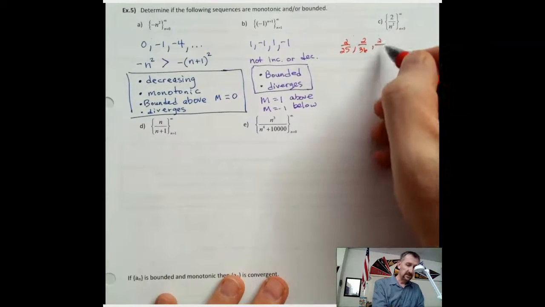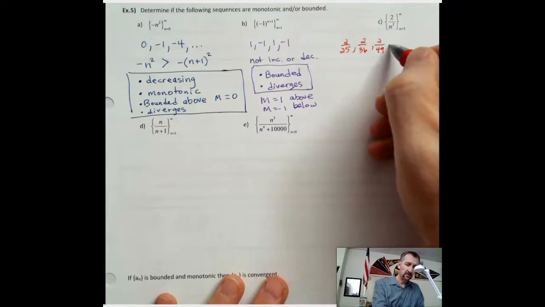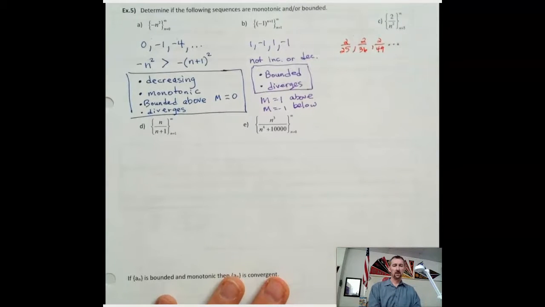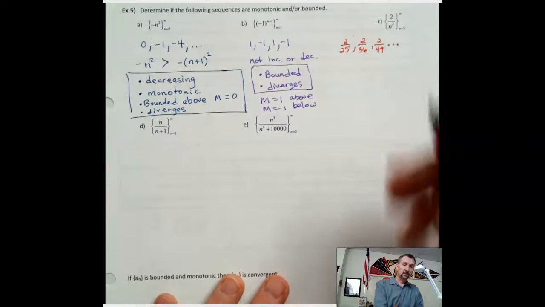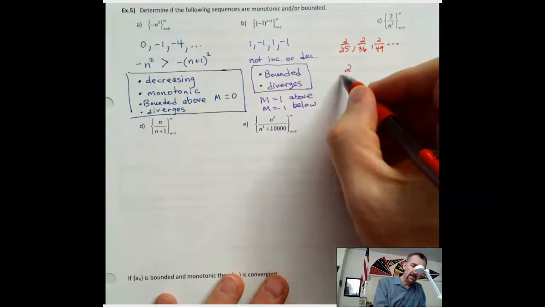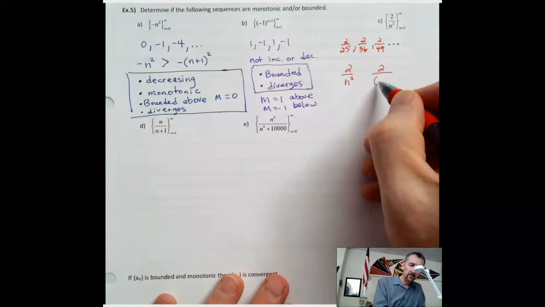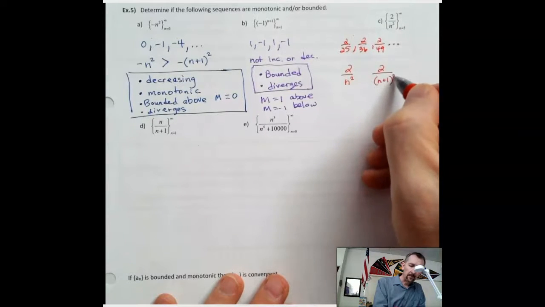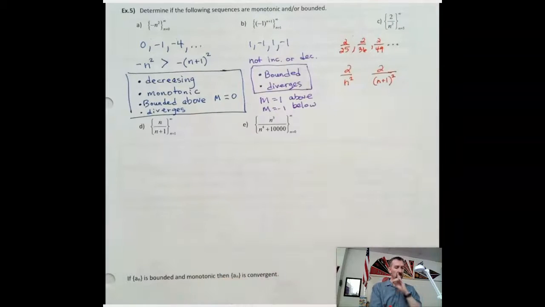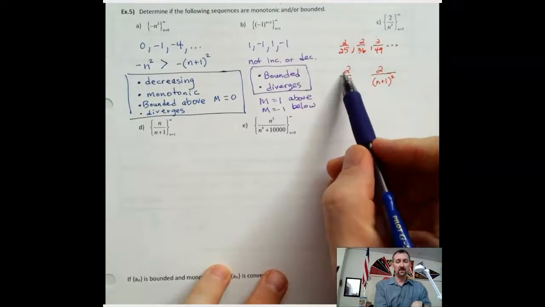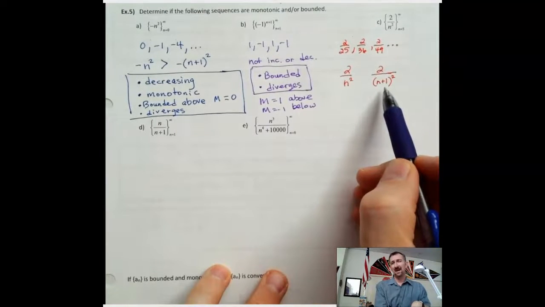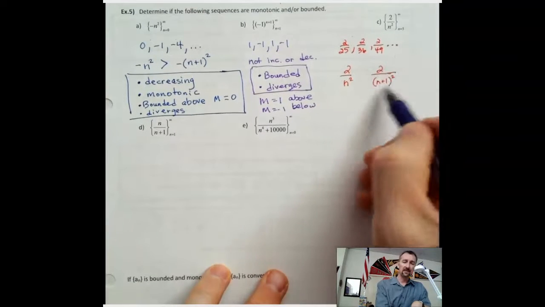I don't think they said how many we have to do, so I'm looking at the directions. No, so that's it. Now we want to compare that to the next one and think about what happens there. Hopefully you realize if we have the same numerator but the denominator increases, that's going to make that smaller.